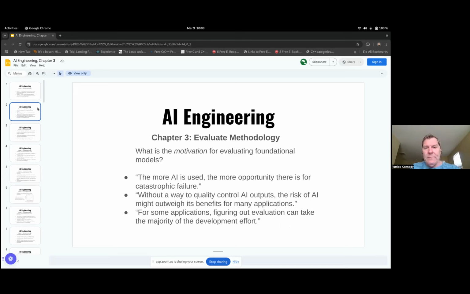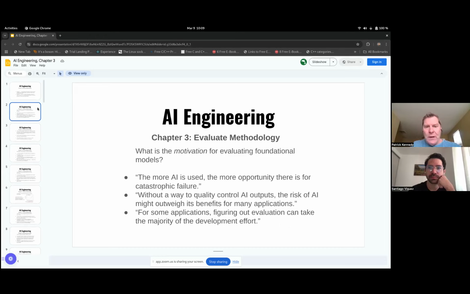So here we have, what is the motivation for evaluating foundational models? As noted, foundational models are very open-ended, just like natural language models, and so when AI is used, there's an opportunity for catastrophic failure.